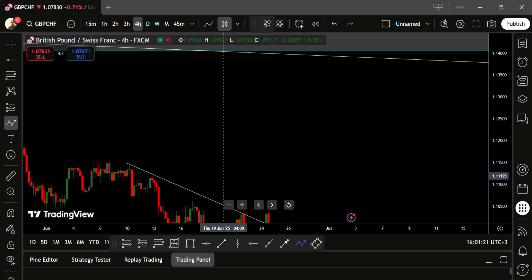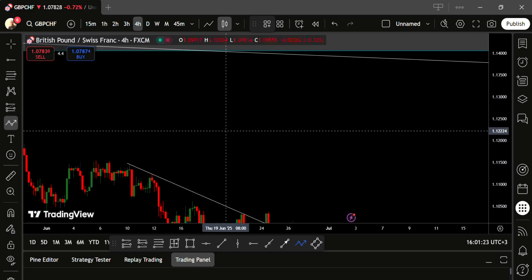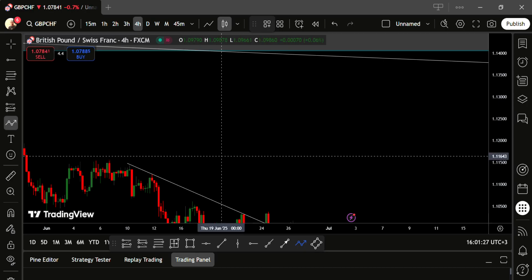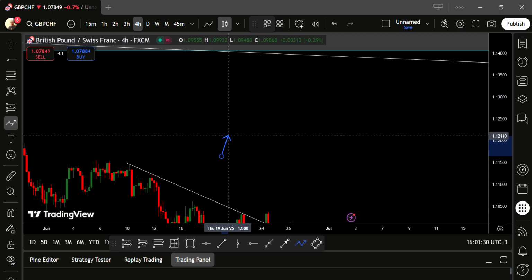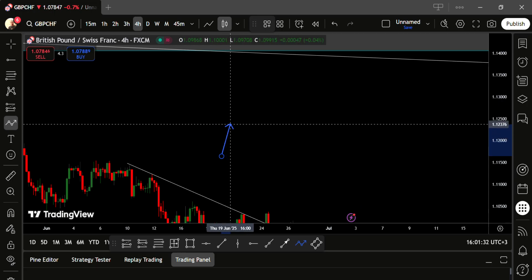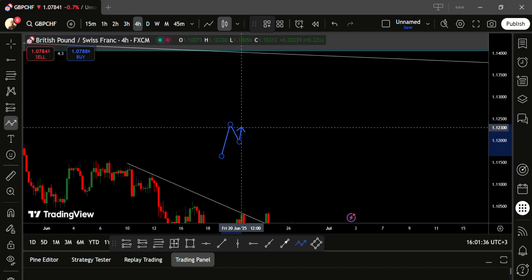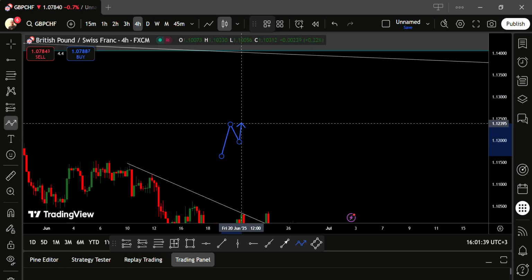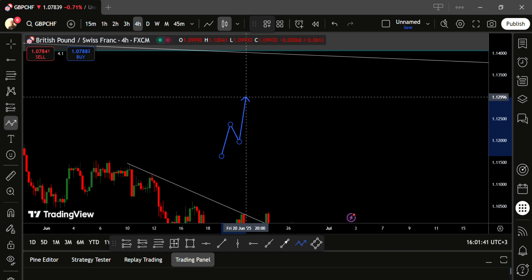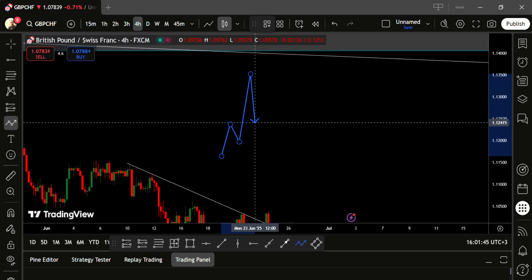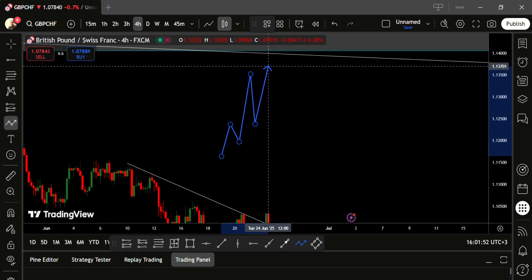Good. So that being said, we are going to go straight to the setup. It's going to be like this. Price is going to be moving up like that, find resistance, come back, go find resistance again, break the resistance, then come back to the resistance and form a demand zone, then go up.